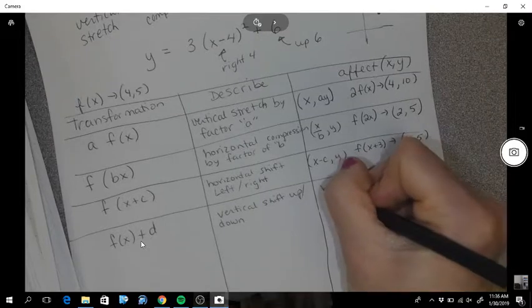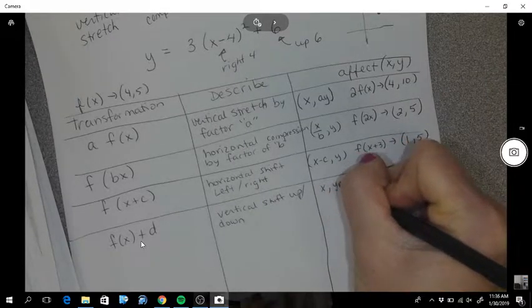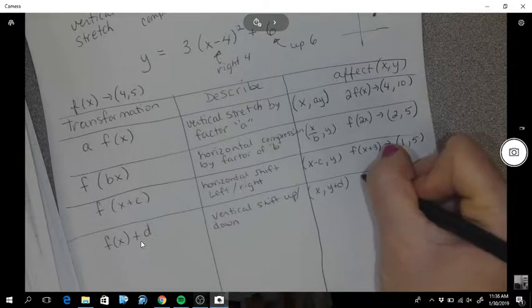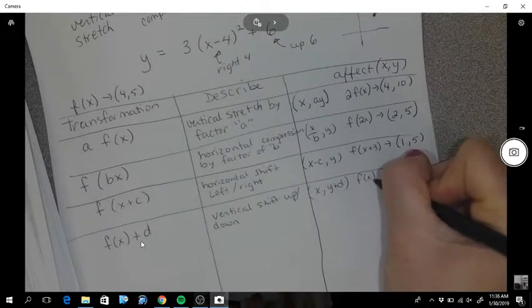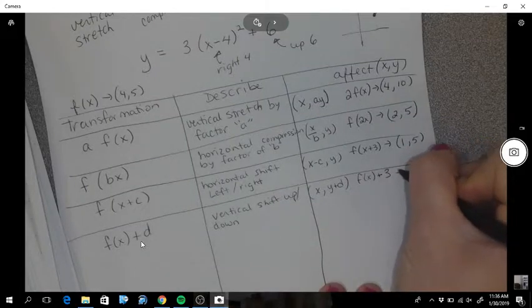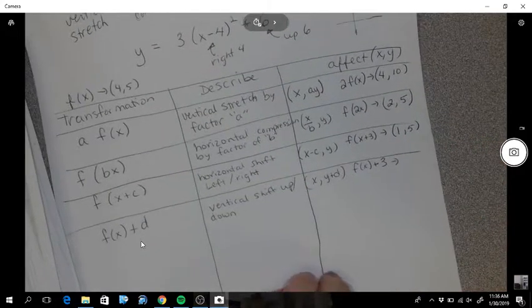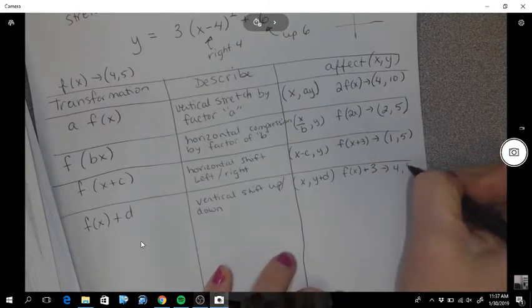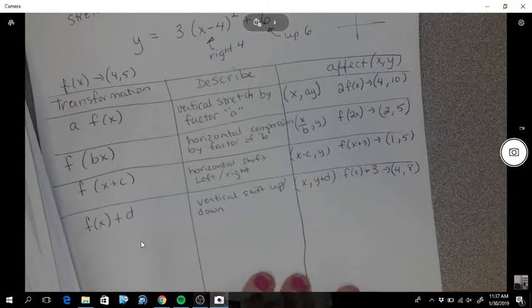And this is as you see. So if I do f of x plus 3, then I would have the point 4, 8, because I would add 3 to 5.